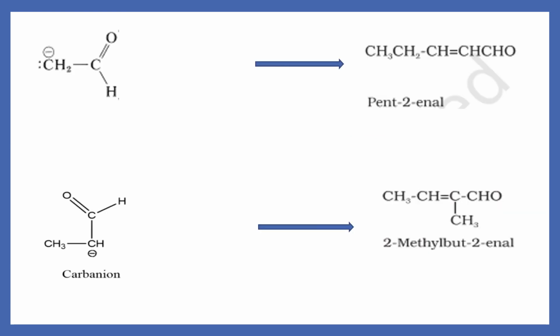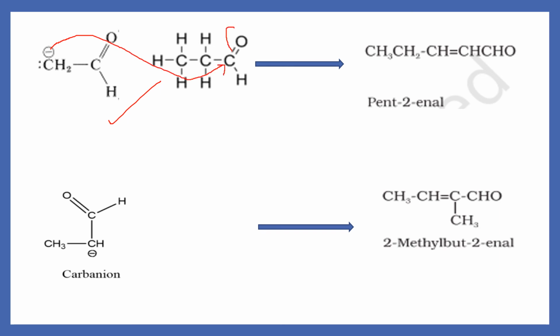If I start with ethanol, this is the enolate ion, and this enolate ion is going to attack on propanol. Just show the attack of this carbon on this carbon of the carbonyl group. Shift the electron density here.